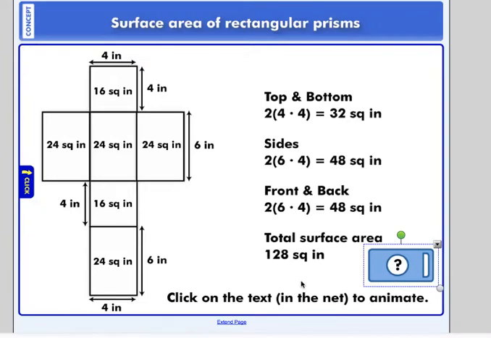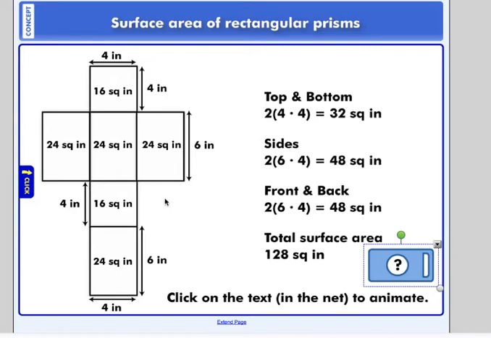Okay, you can use your calculator for all of that. I do recommend that you actually write down your list of areas for each piece, because one thing that's hard about surface area is it's hard to remember all of the pieces.